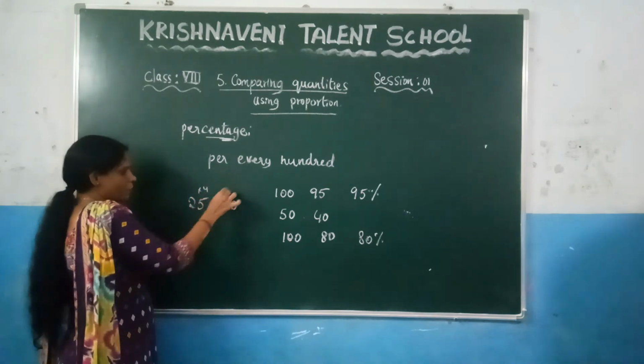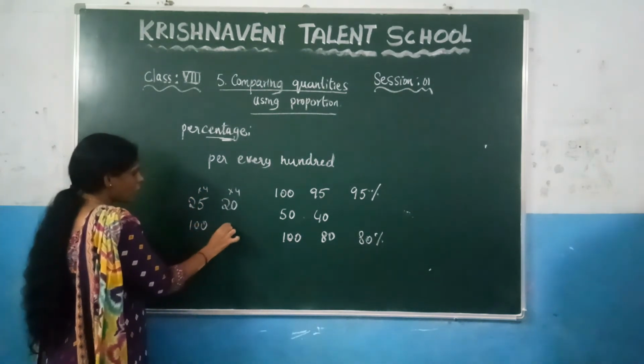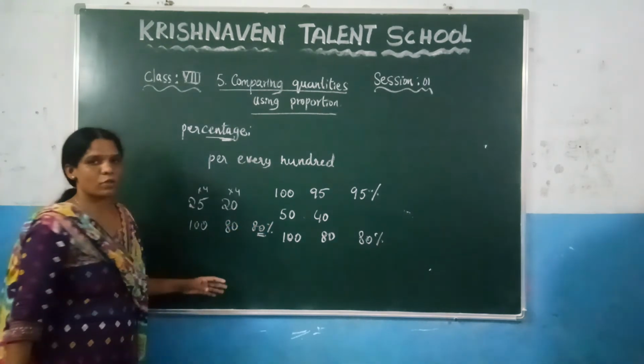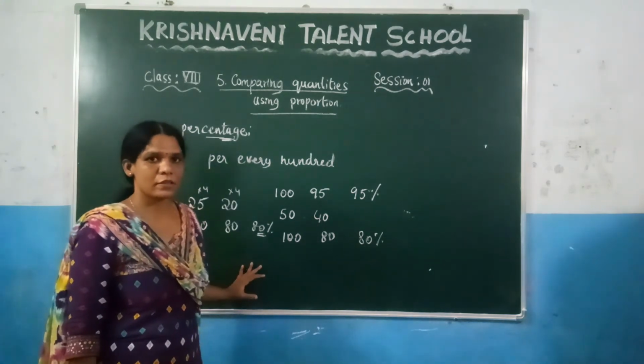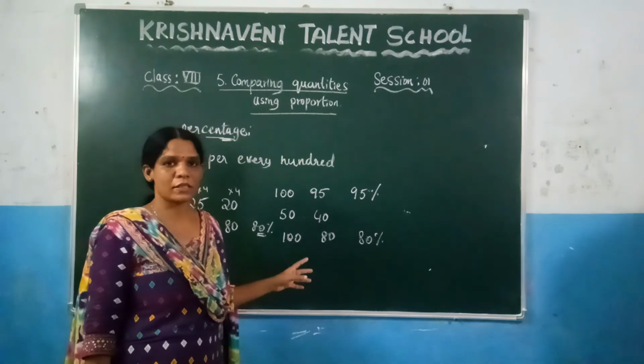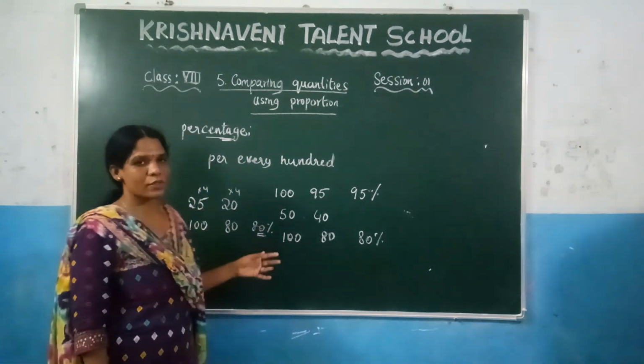Since we are multiplying here, here also you need to multiply with 4. So per 100, how many marks? 80. So you can say that person got 80% in her marks. That means if you have been given any number and want to find the percentage, you need to convert that number per every 100 so that you can calculate the percentage.